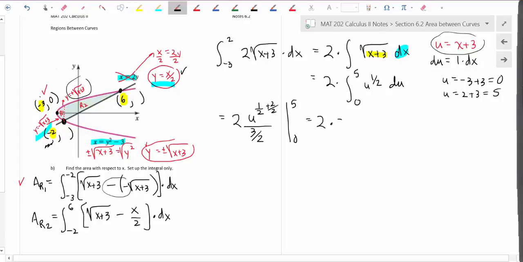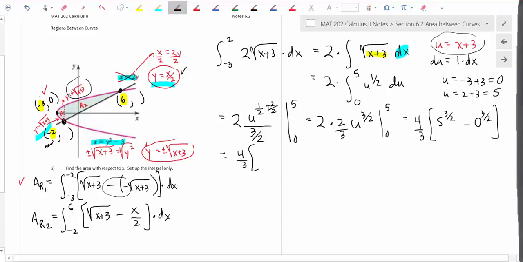So that's 2 times 2/3, u to the 3/2, evaluated from 0 to 5. Okay, so that is going to be 4/3, and then you're going to do 5 to the 3/2 minus 0 to the 3/2 to evaluate that integral. So we're going to have 4/3.